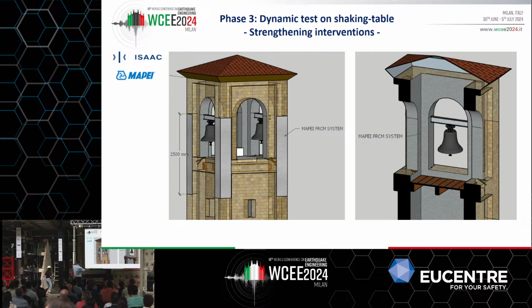So we made FRCM with Mapei at the corner, at the two sides of the four columns, in correspondence to the floor, so about 1.5 meters and 1.5 meters, in order to increase the flexural capacity at the base of the column, and also in all the internal part of the chamber.